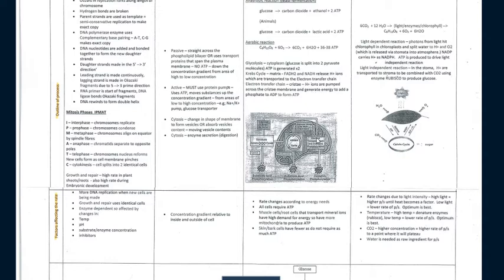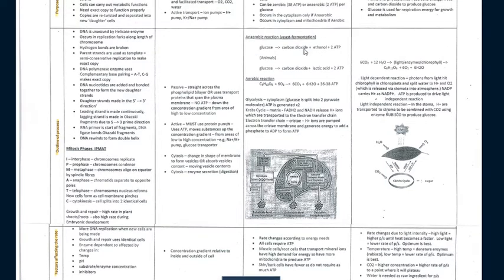And because of this difference, we have what's called an ATP synthase. That is what is used to convert ADP into ATP. So adenosine diphosphate with 2 phosphates, and then we're going to add another phosphate to the ADP, and now we have 3 phosphates in the form of ATP.